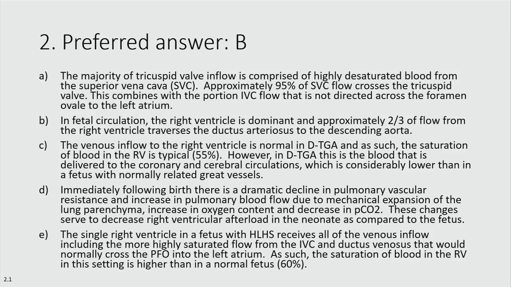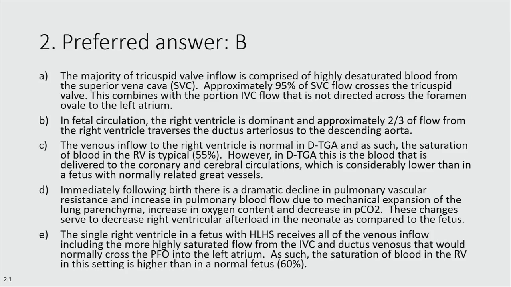Option D was incorrect, because immediately following birth, there's a dramatic decline in pulmonary vascular resistance and increase in pulmonary blood flow due to the mechanical expansion of the lung parenchyma, increase in oxygen content, and decrease in PCO2. These changes serve to decrease right ventricular afterload in the neonate as compared to the fetus.